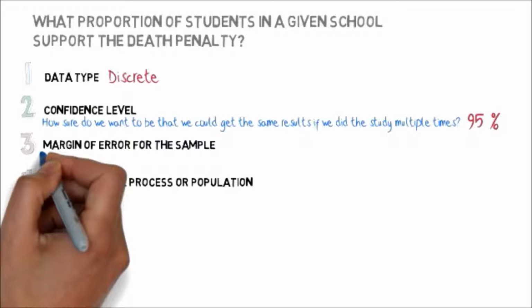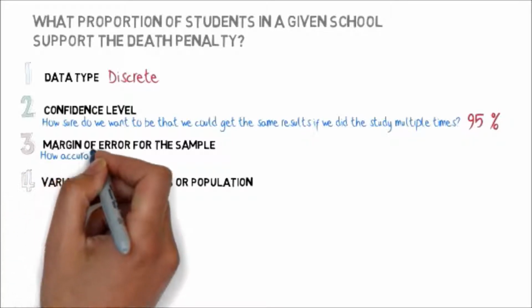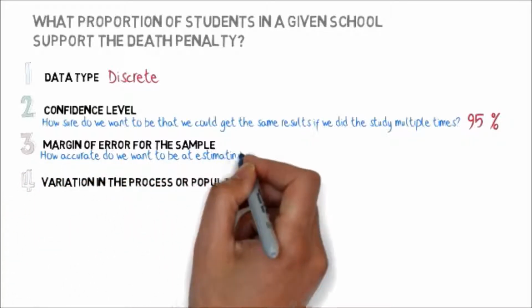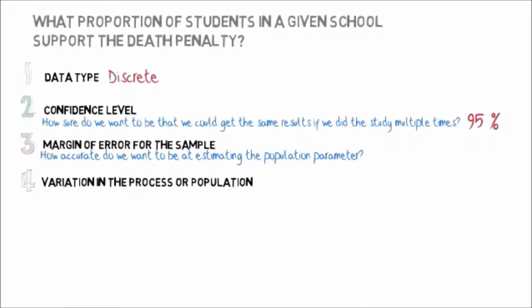The margin of error for the sample is about how accurate we want to be at estimating the population parameter. The margin of error is linked with the confidence level. It represents an interval that has a 95% chance of containing the true population value.